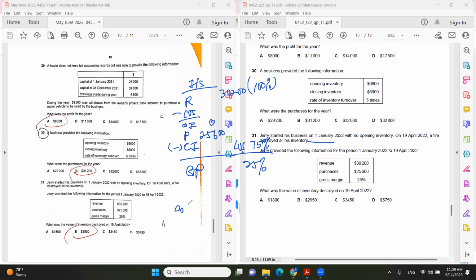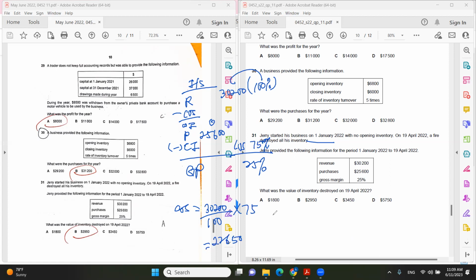So cost of sales is 30,200 divided by 100, times 75. So I get 22,650. So this is the amount of cost of sales.